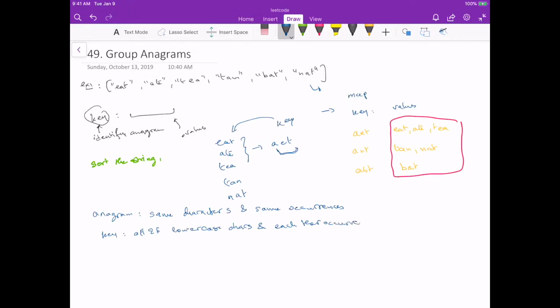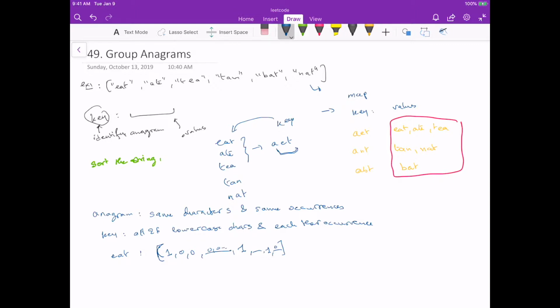And so words that are anagrams will have this one the same. For example, for eat, let's make a list of all these 26 lowercase characters. So A occurs 1 time, B occurs 0 times, C occurs 0 times, and we continue until E, which occurs 1 time, and then until T, which occurs 1 time, and the rest occur 0 times.